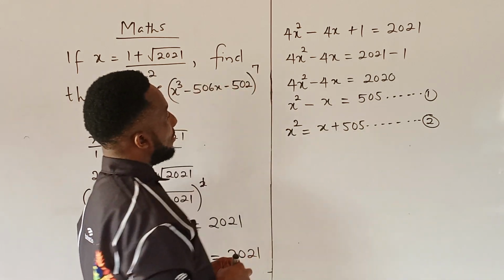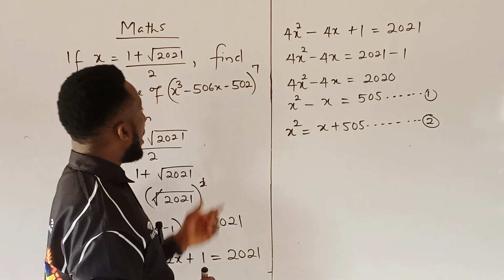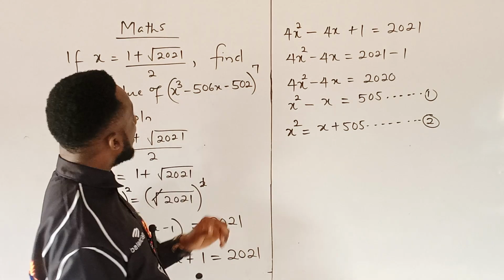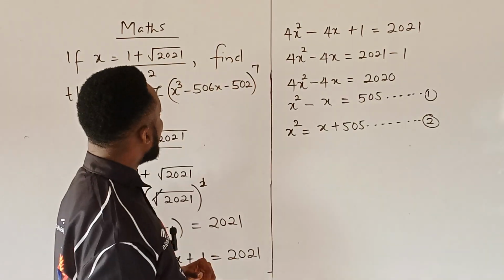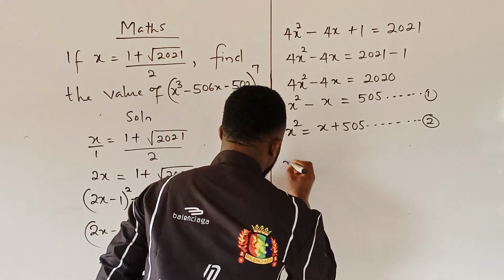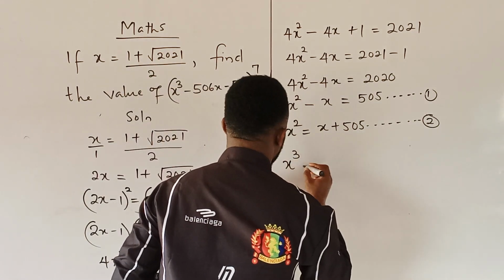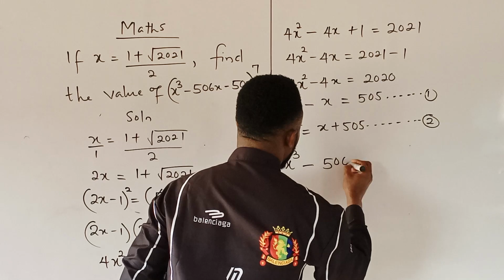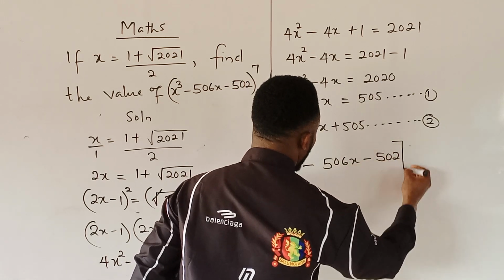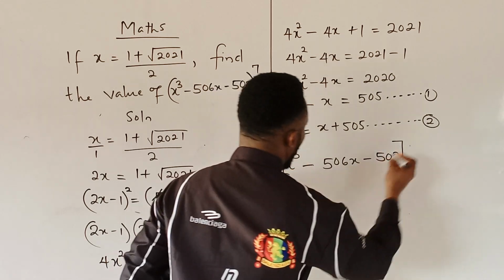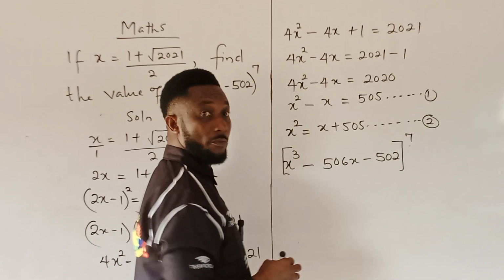Then the next thing, having done this, I will take the depressed cubic polynomial here, which is raised to the power of 7. So I will write s cubed minus 506x minus 502. I want to put it in bracket, all raised to the power of 7.